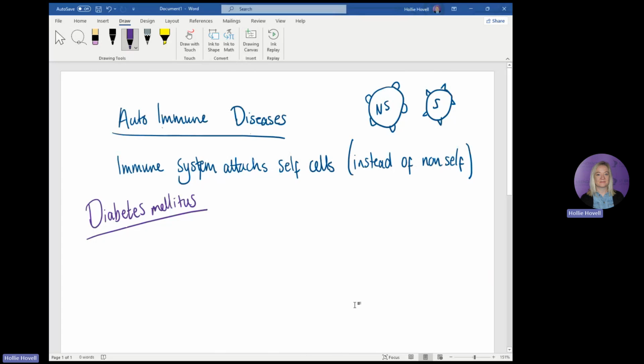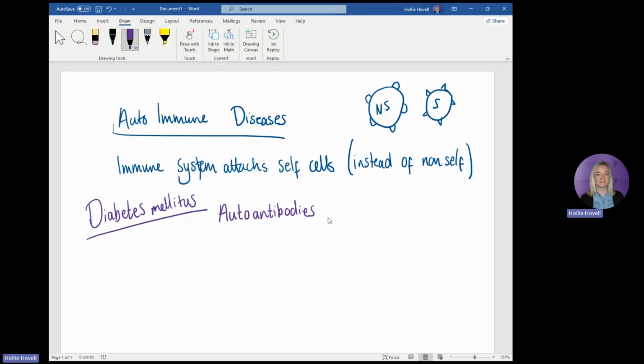Okay, so first of all, the thing that causes diabetes is that we've got some antibodies that are destroying our own cells. So the word auto means your own things. So auto antibodies are antibodies that aren't destroying pathogens, they're destroying your own cells.